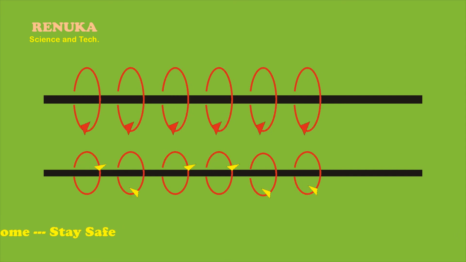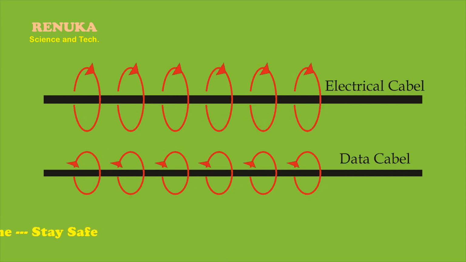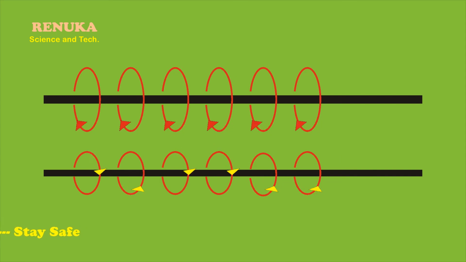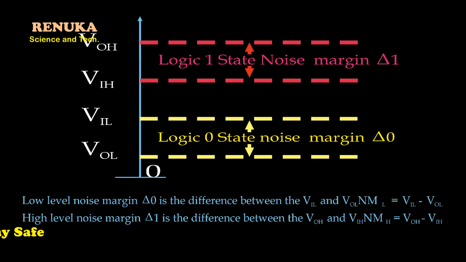On the connecting wires between the logic circuits, this will introduce noise, and the voltage at the input of the logic circuit may drop below the VIH or rise above the VIL, and the digital circuit may produce undesired operation.